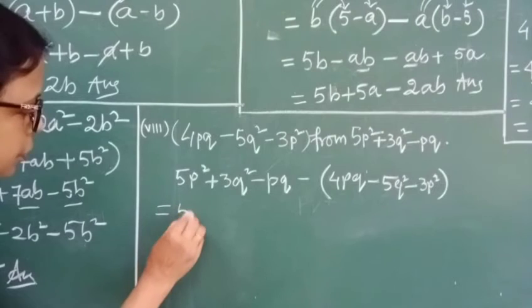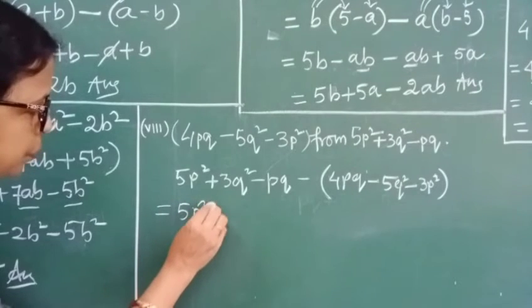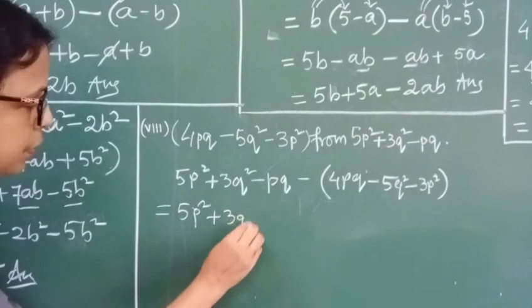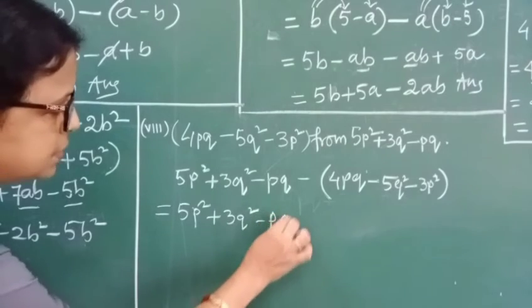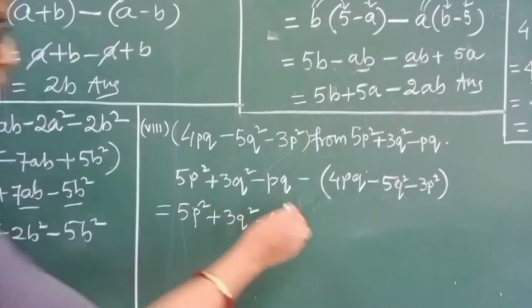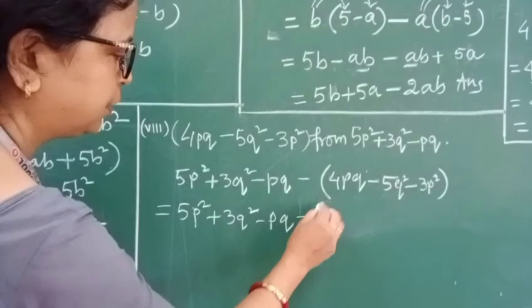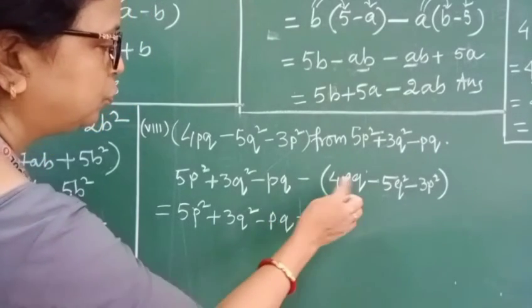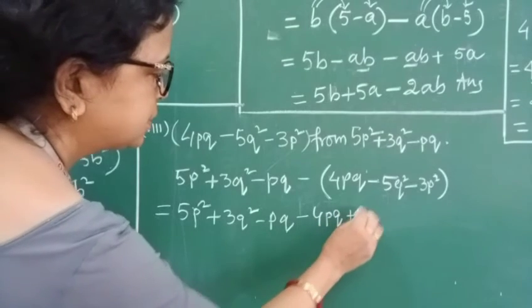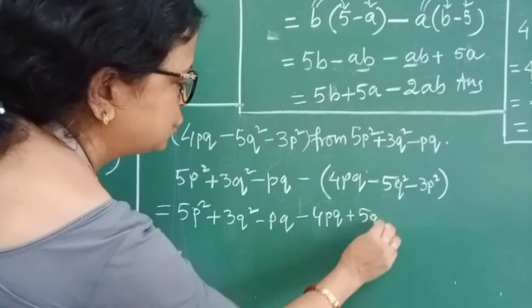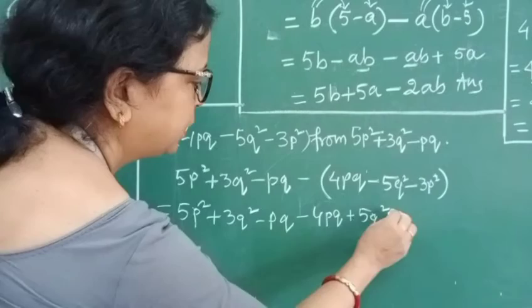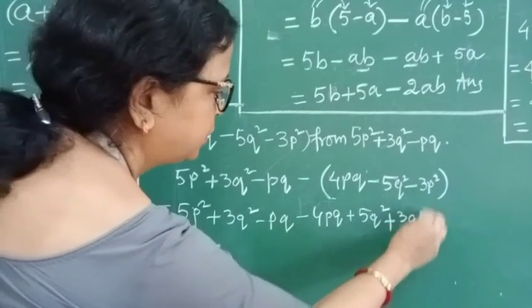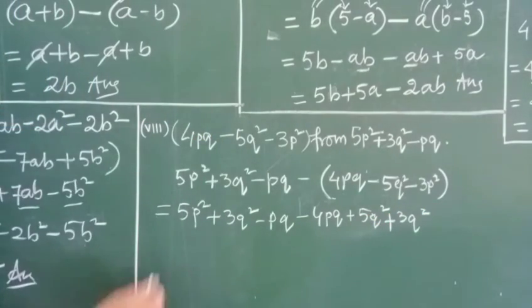Now you know what you have to do. 5p square plus 3q square minus pq, as it is I have written. For this portion I need to change the signs. 4pq, as minus is outside, becomes minus 4pq, then plus 5q square, and minus minus becomes plus 3p square.